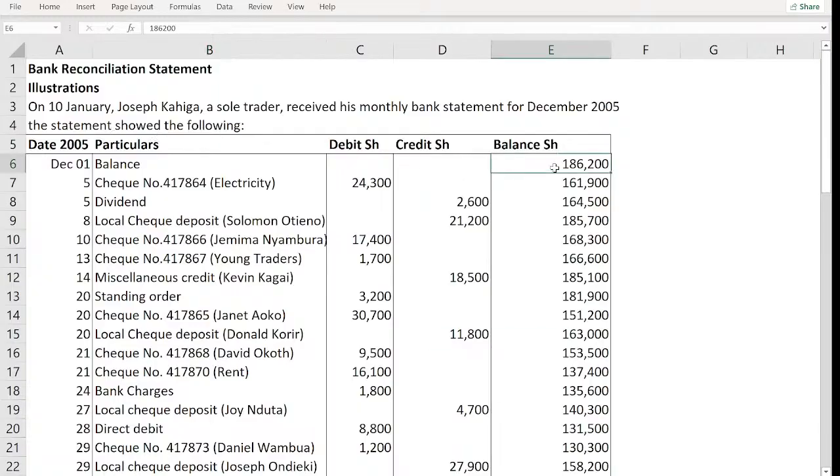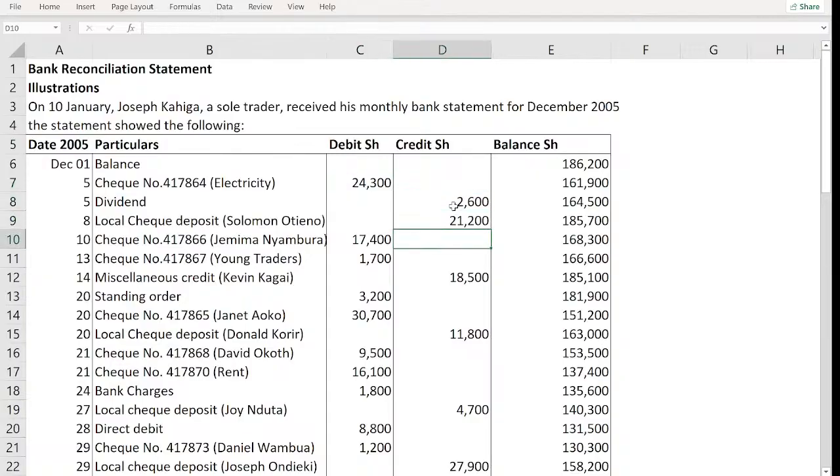So you have the balance, debit, credit, the balance. So the balance was 186,200 on December 1. So as you can see, we have some checks on electricity. So those are the debits. We also have those ones on the credits.